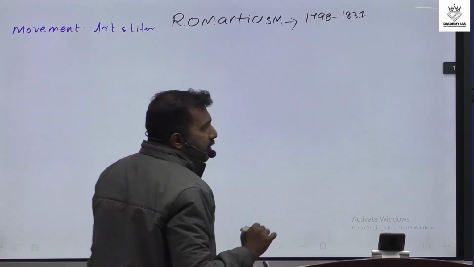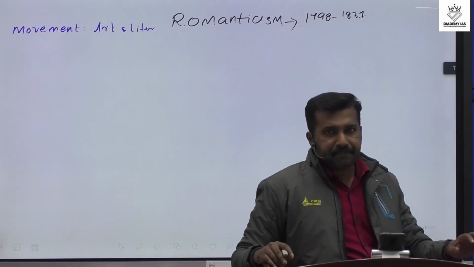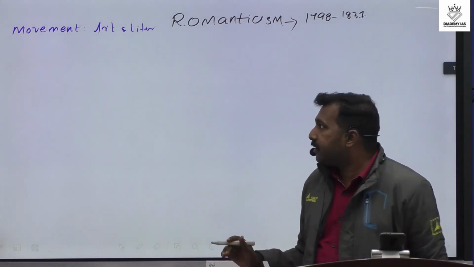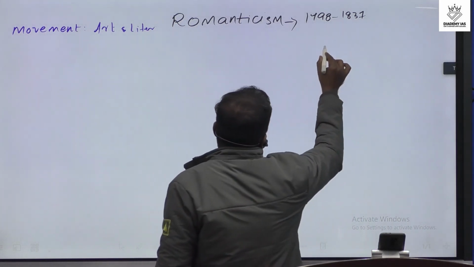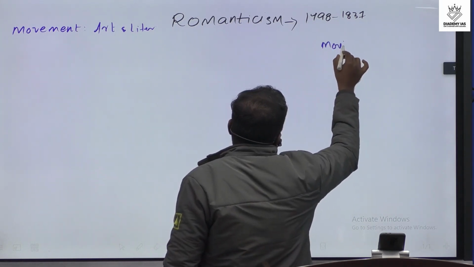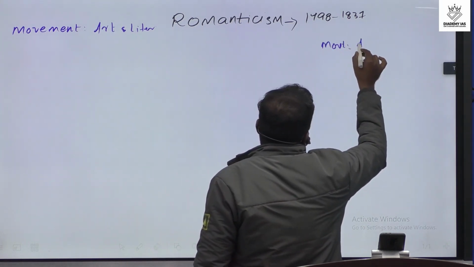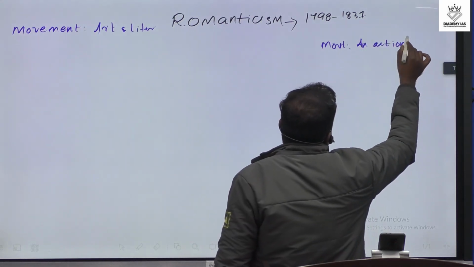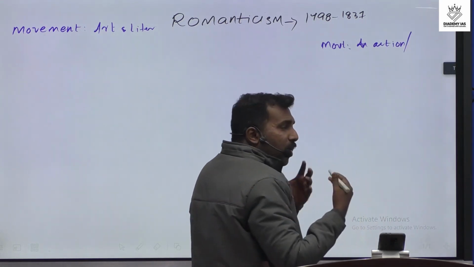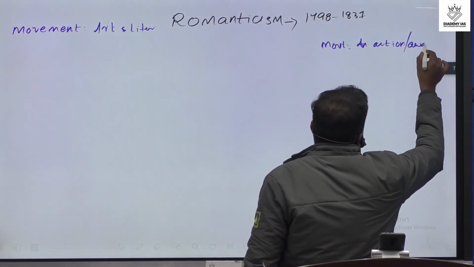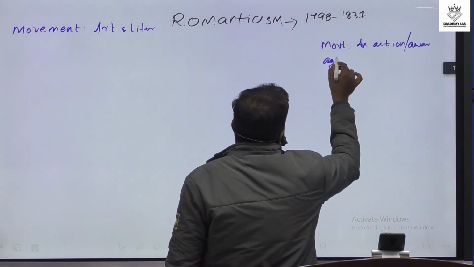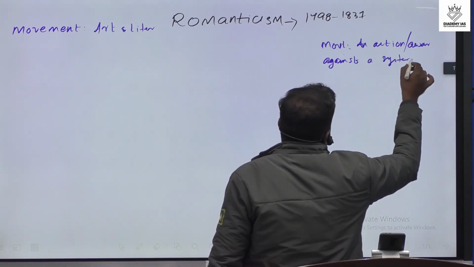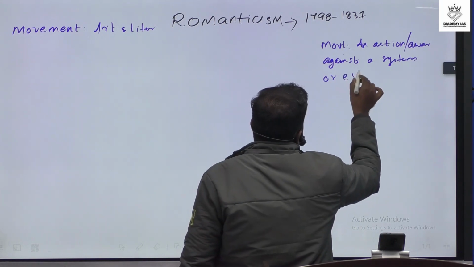So we can say that Romanticism is a movement. Actually, what is the meaning of the word movement? What is a movement? We can say that a movement means an action or awareness against a system or establishments.